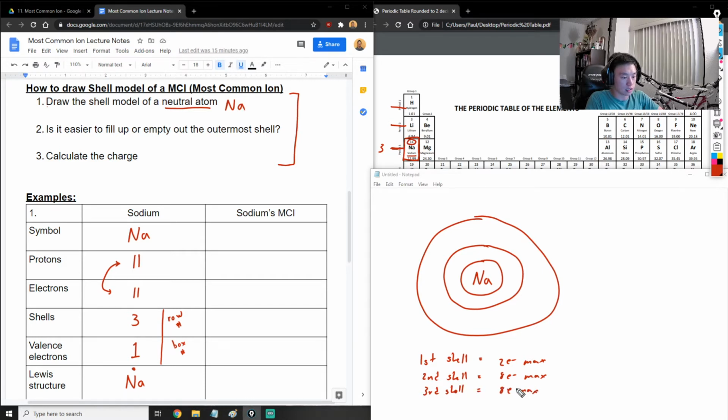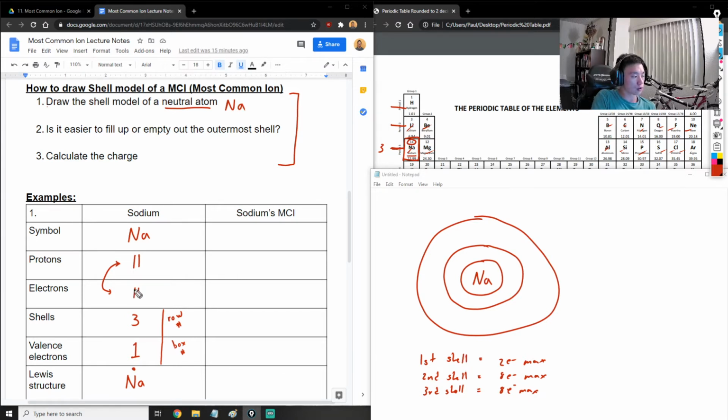And we know this because of the number of boxes in that row. So the first shell has 2 boxes. You can't see helium, but there's 2 boxes in the first row. The second shell has 8 boxes: 1, 2, 3, 4, 5, 6, 7, 8. That's why it can hold 8. And the third shell has 1, 2, 3, 4, 5, 6, 7, 8 boxes, so it can hold that 8 max.